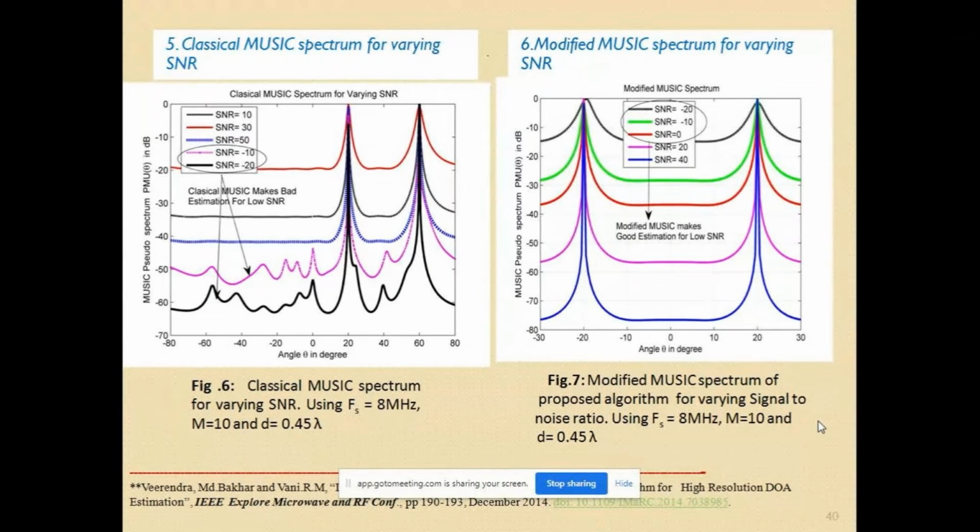We improved the mathematical model so that even for a small signal to noise ratio, when the signal to noise ratio is 0, minus 10, or minus 20, the smart antenna algorithm estimates the direction of incoming signals or users. When the user directions are minus 20 and plus 20 in this example, all the incoming signals are estimated precisely, even for minus 10 and minus 20.